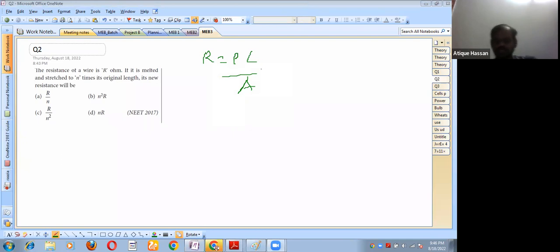Very basic question, and such type of questions are very frequently asked in NEET as well as JEE, especially NEET also. It is very important from the NEET point of view.